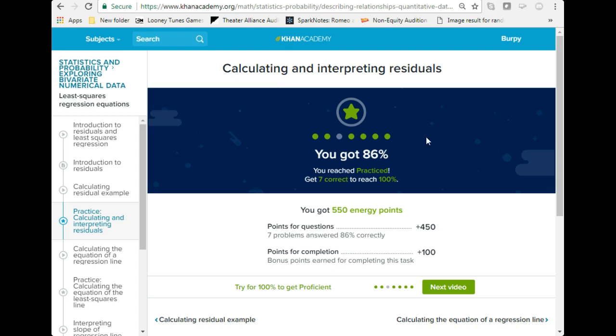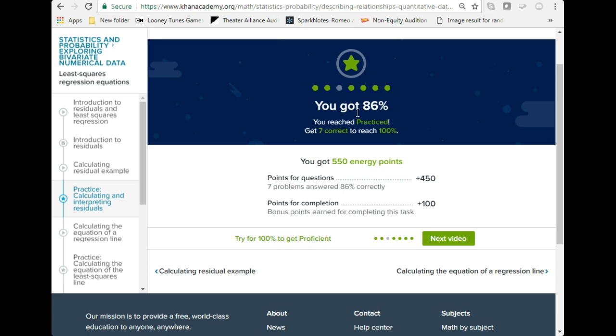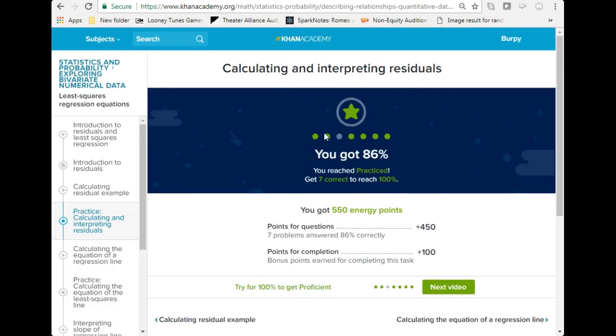So don't feel discouraged if you got an 86 or something lower, because this is just practice. It's not hurting you in any grades or anything. And on the plus side, you get more points. But don't use that as a reason to lose, because it's just a way of rewarding perseverance.